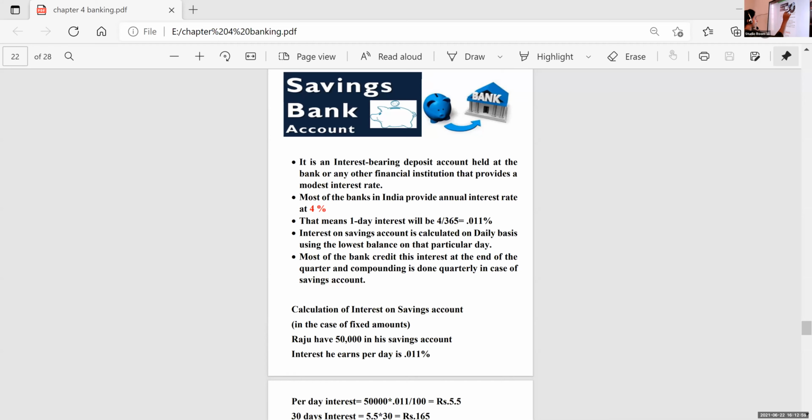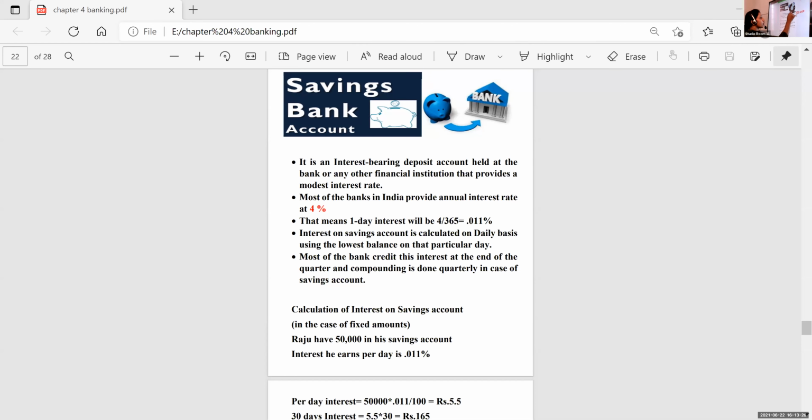Let's take two cases. The first case is in the case of fixed amount. I have a savings account and in my account there is 50,000 rupees. And it is fixed. I'm not depositing any amount and not withdrawing any amount.